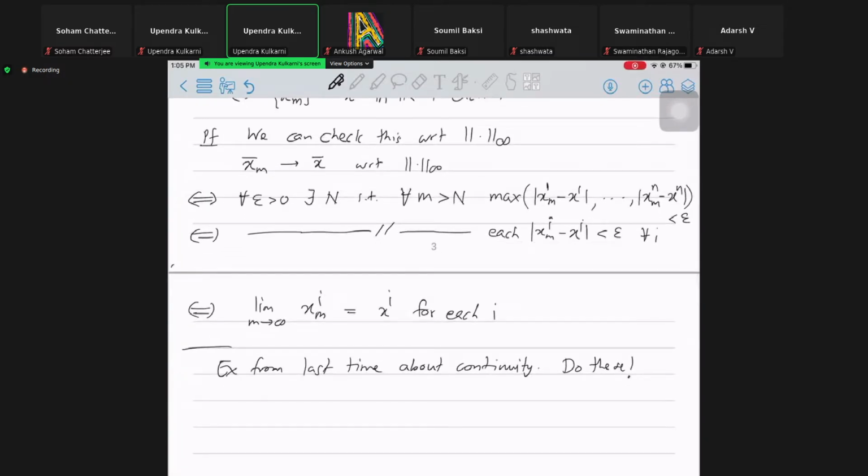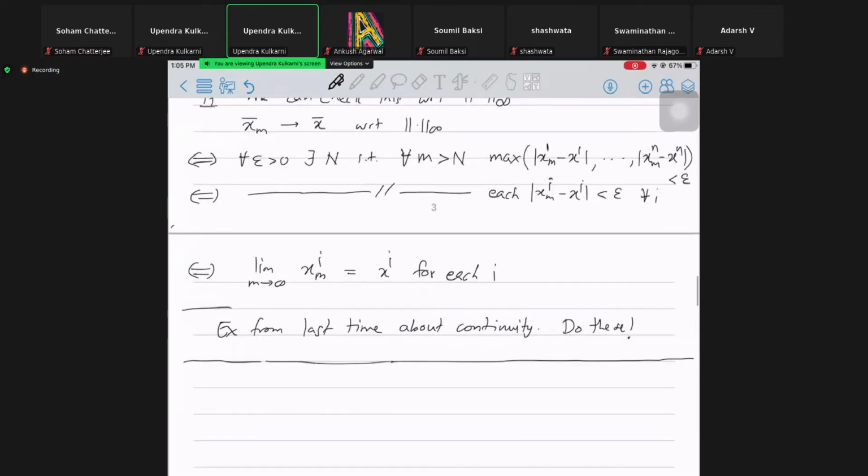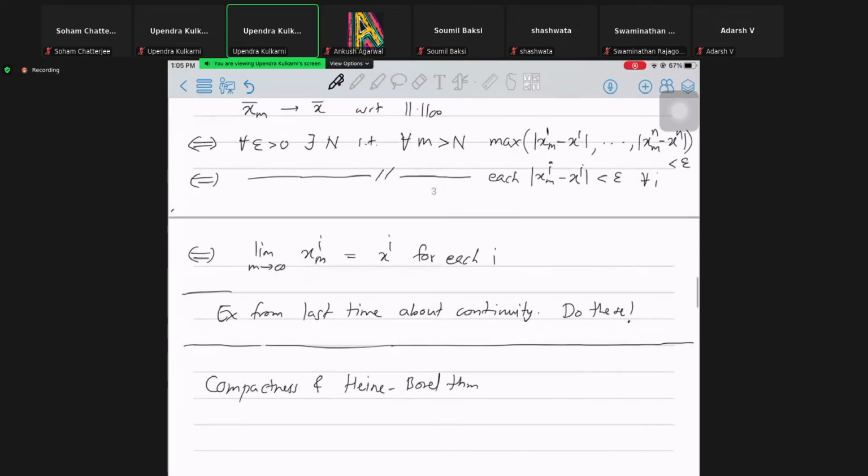Since we have maybe just a minute or two, let us go ahead and start the next thing. At least let's introduce the words. So compactness, and the word compact was not defined last semester, but we will do that maybe just as the first thing.